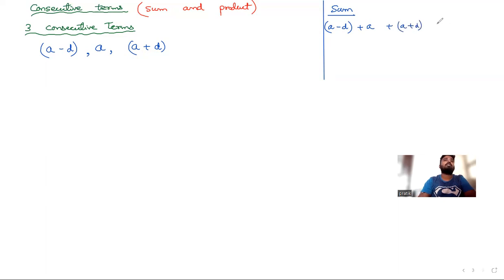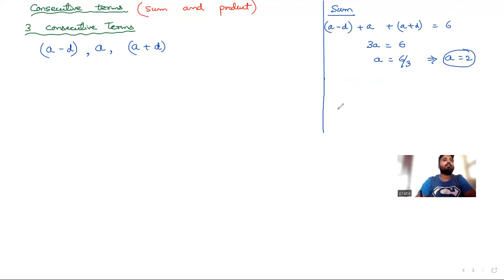Let's say that is equal to 5. When you add this, you directly get your term a, which is 5 by 3. To get a better number, let's say the sum is 6. So 6 by 3 gives you a as 2, right?